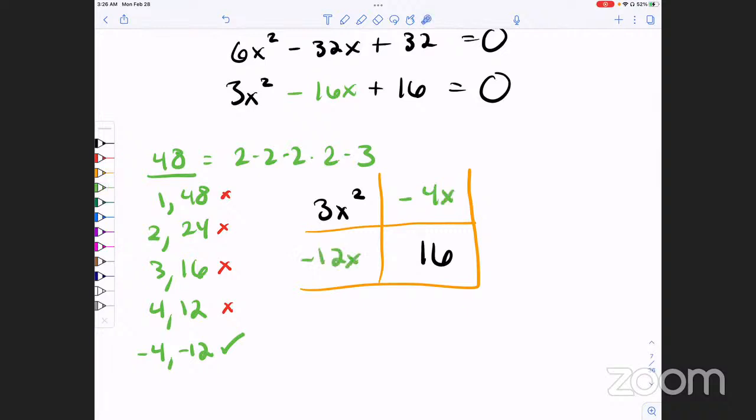Now when we go to factor, if we look at the two on the top, what's their greatest common factor? It looks like they both have x, so we can factor out an x from both of those.